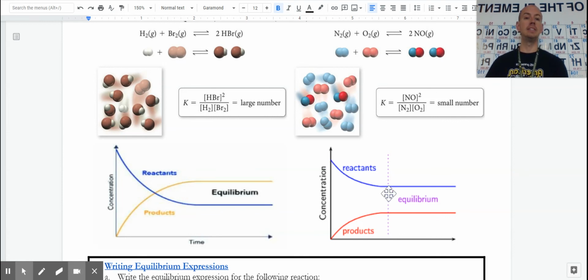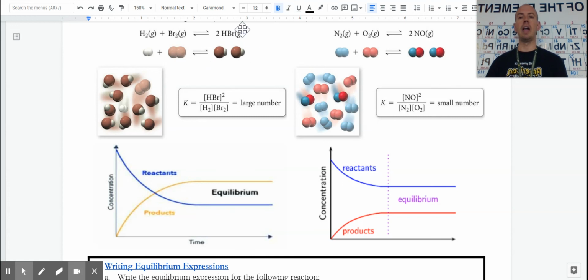So our reactants decrease as the reaction proceeds, our products are made, but we get to an equilibrium when we still have more reactants than products. The reaction, and some different terms for this, in this case, the equilibrium lies to the left. I have more of my reactant chemicals than my product.